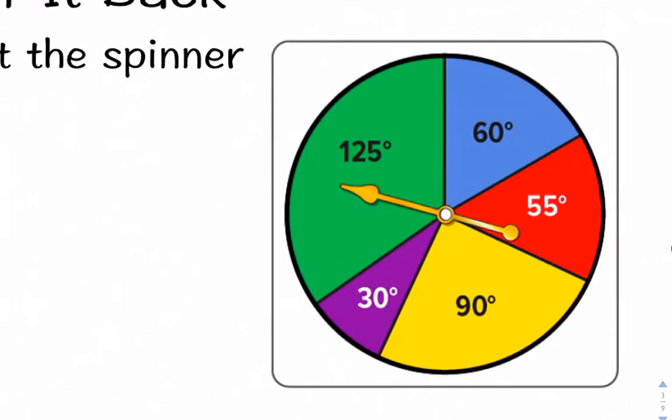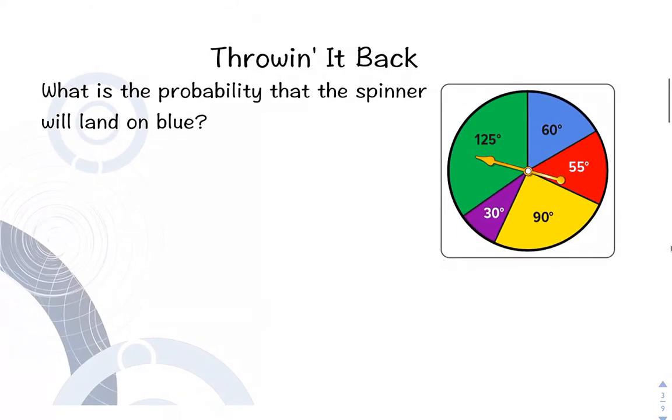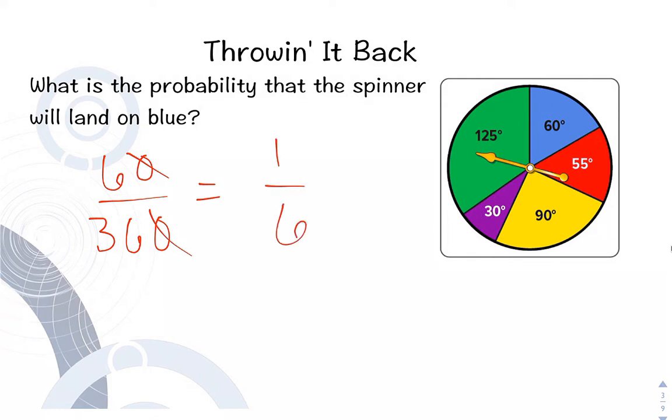Now, out of the whole circle, if we add all those up, we know that there are 360 degrees in this whole circle. So to find that probability, remember, we would take 60 over 360. I could keep that as a fraction. I know these zeros would cancel out, 6 over 36, that reduces to 1/6.